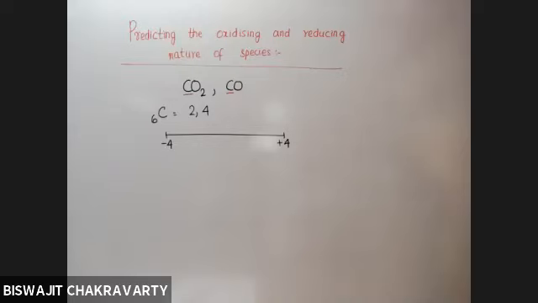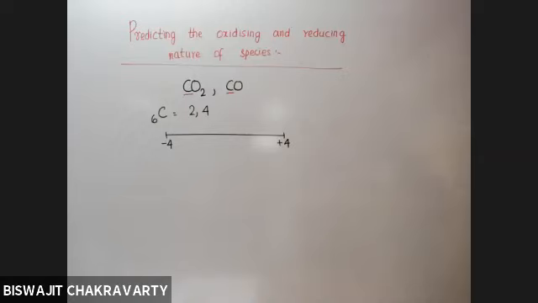Now, if you come across a question like why HNO3 can act only as an oxidizing agent, but HNO2 can act both as an oxidizing as well as a reducing agent, you are now in a position to answer it. The maximum oxidation state of nitrogen is +5 and the minimum is -3.